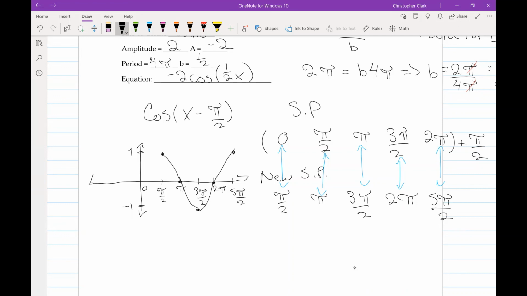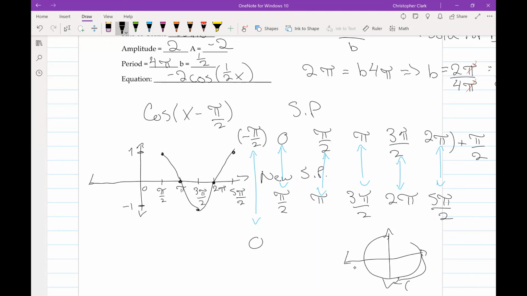But what happens if I were to add an extra point in here? Call this negative pi over 2. Well, my new special point is going to be 0, isn't it? Because I added pi over 2. So cosine of negative pi over 2 is normally 0. We imagine we have our unit circle, and we go this direction.